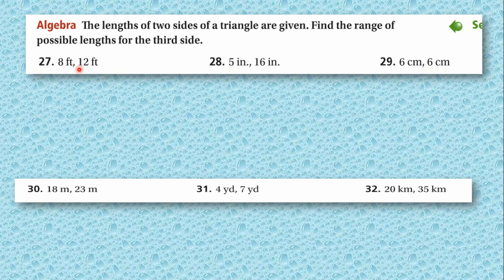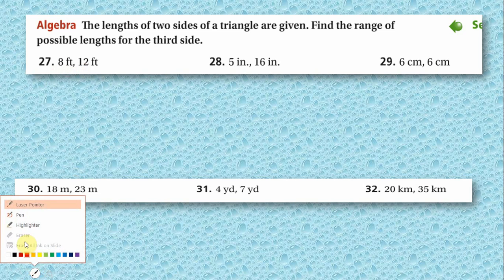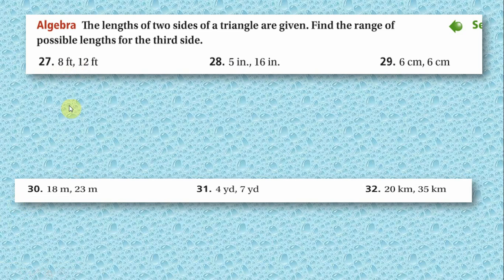It will be 4. Yes, the third side must be greater than 4, and also smaller than the sum. What is the sum of 8 and 12? 20. Then the side, for example S, must be greater than 4 and smaller than 20.